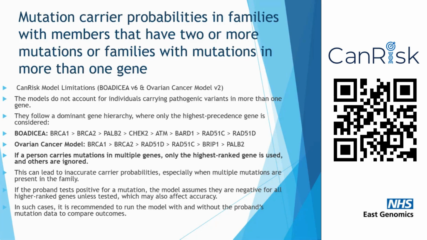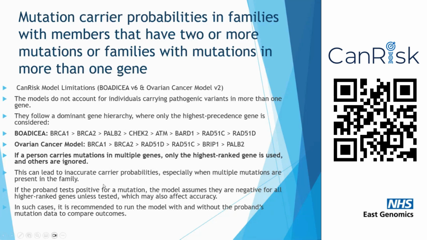They stratify the risk per gene, so BRCA1 being the highest risk of breast cancer, and RAD51D being the lowest risk. So whatever's before that, they will base their risk assessments just on that one gene.